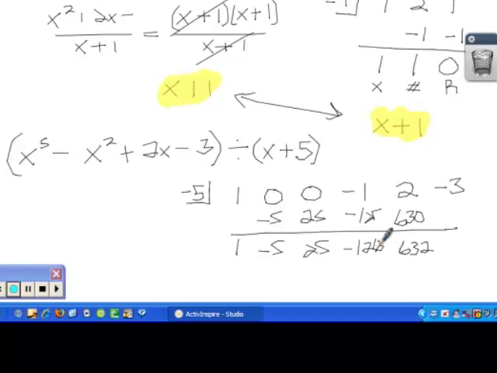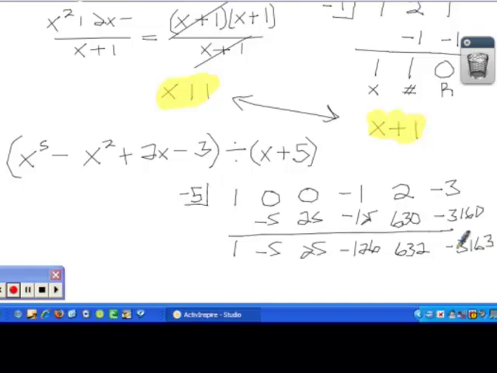Negative 5 times 632, well, let me use my calculator on that. Okay, I get negative 3,160, and then I add, I get negative 3,163.